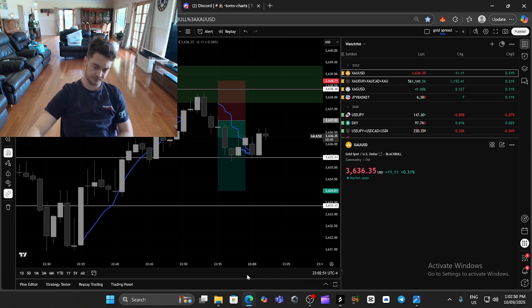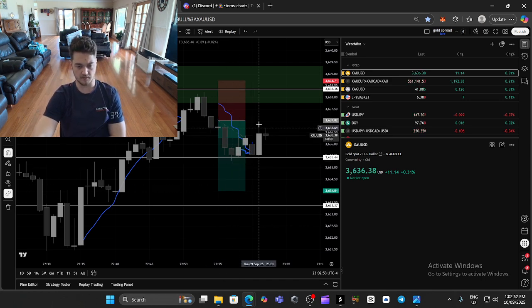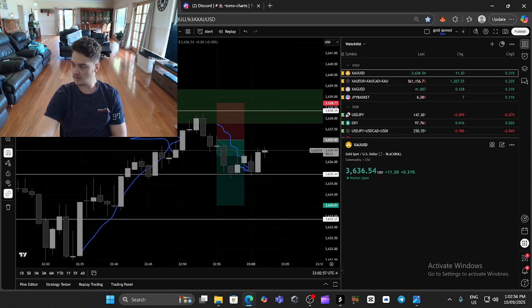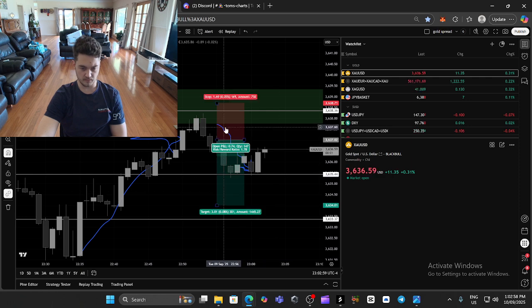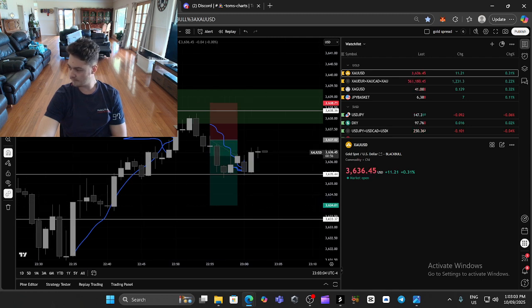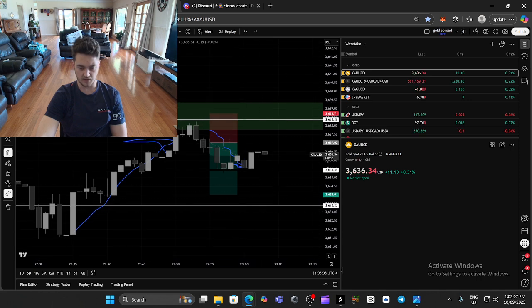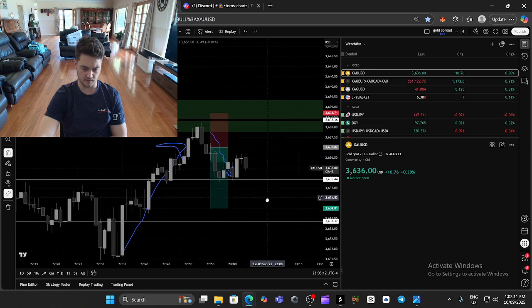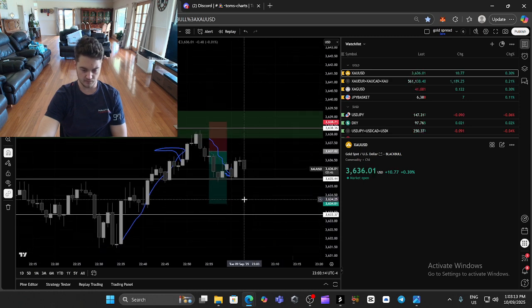Look, the thing is, you also want to have reasonable targets. If you have unreasonable targets, then you're really not going to stand a chance. You can have massive targets, but if you don't maintain a high win rate, then it's just going to inversely fuck you.